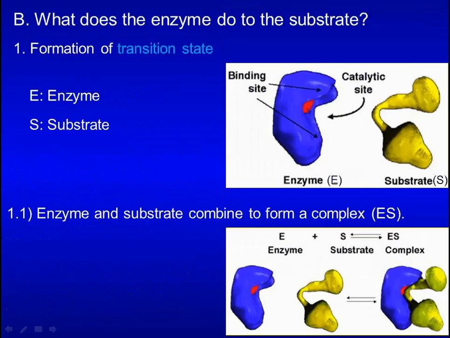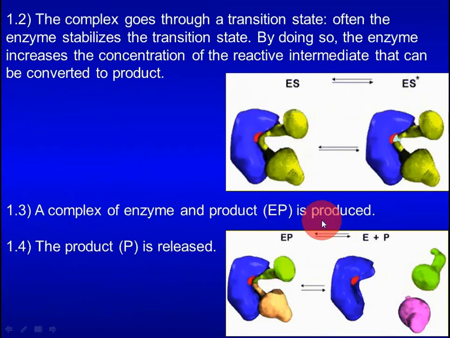What does the enzyme do to the substrate? Enzyme first combine with the substrate to form an enzyme-substrate complex. The complex goes through a transition state. Enzyme stabilize the transition state.